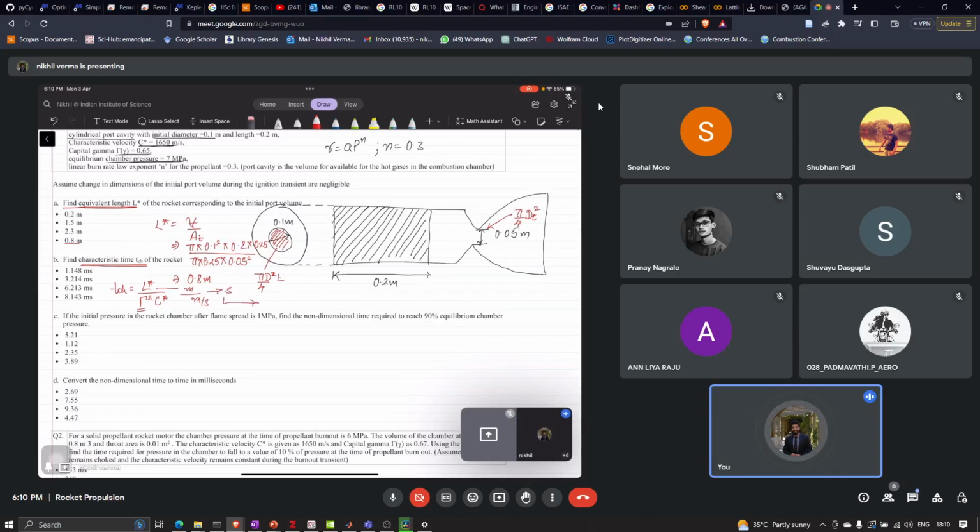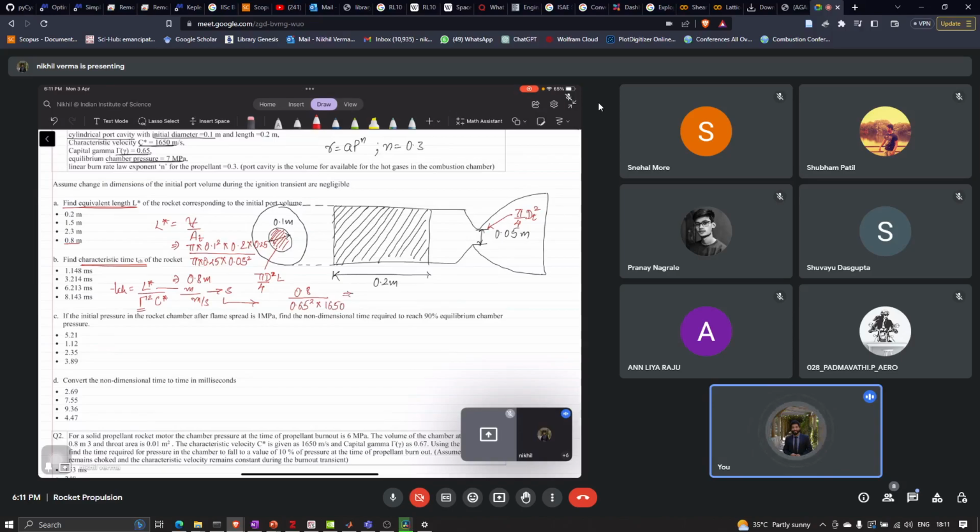So TCH we can calculate, since we know L star from our previous calculation, which is 0.8. Gamma is given as 0.65 and C star is also given, which is 1650.